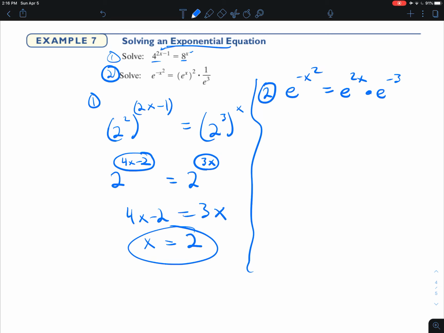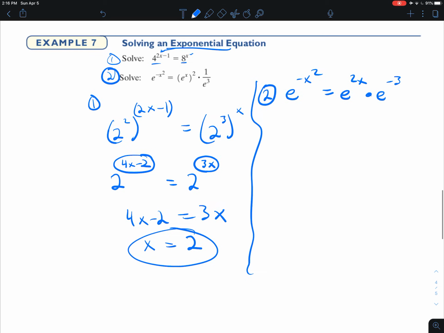Whether you do that or not is irrelevant. But now that I've got on the right side e being the same base, I'm going to multiply the e's together so I can add those exponents. I'm going to add 2x and negative 3. So this is e to the 2x minus 3.